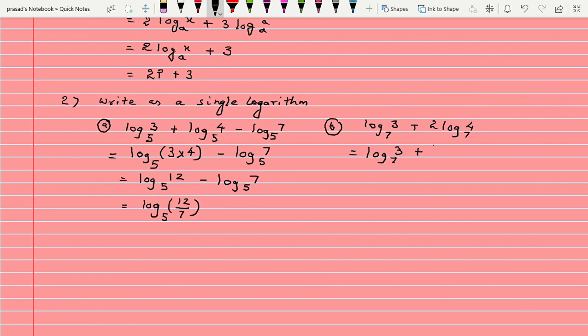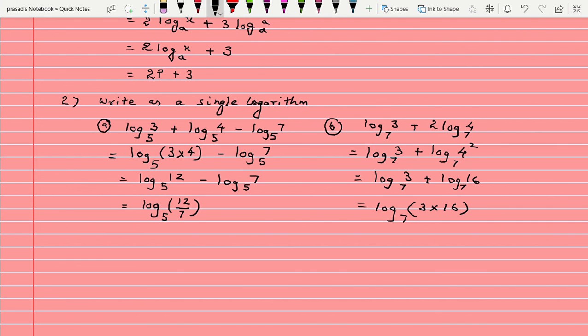That will be log 4 square to base 7, which is log 3 to base 7 plus log 4 square is 16 to base 7, and that is log 3 into 16 to base 7, the product rule.